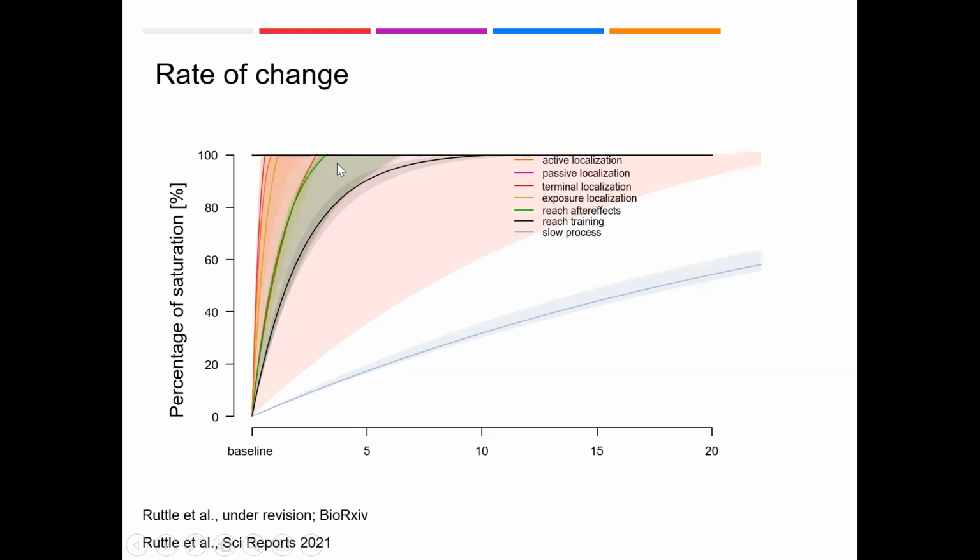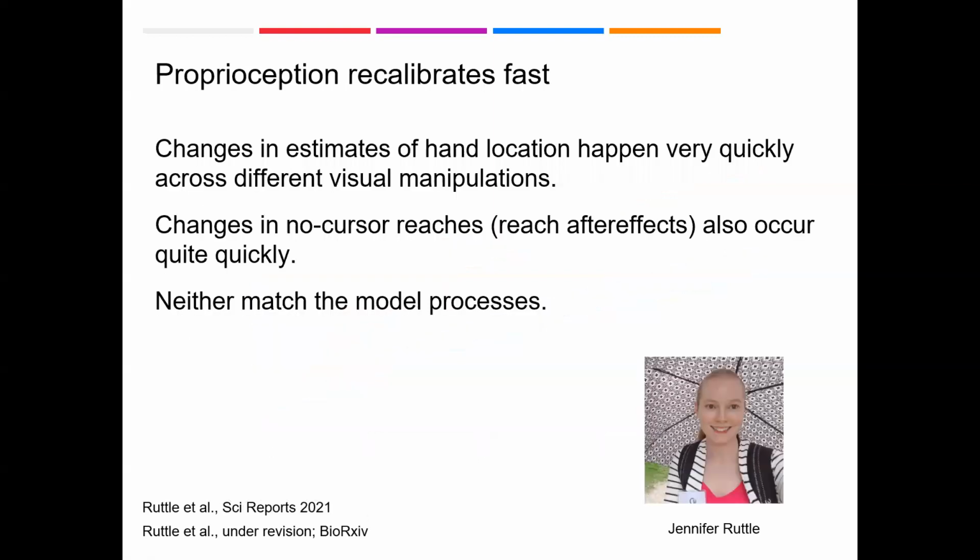This is a little bit on the fast side. We have paradigms where it takes a little bit longer, but indeed, it can be super fast like this, where they're saturating at that 15-degree mark, which is found by all other papers, but within 3 trials. So to summarize, changes in estimates of hand location happen very quickly across different manipulations, and changes in no-cursor reaches can also occur quite quickly, and neither match the model processes.